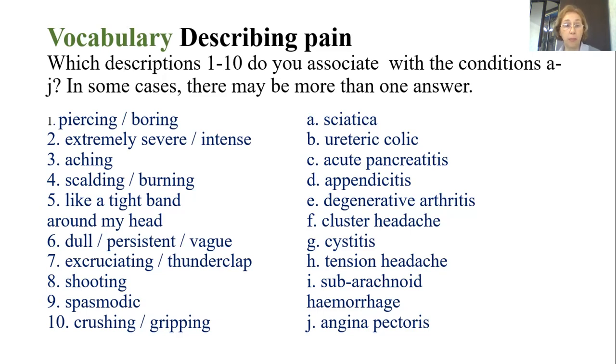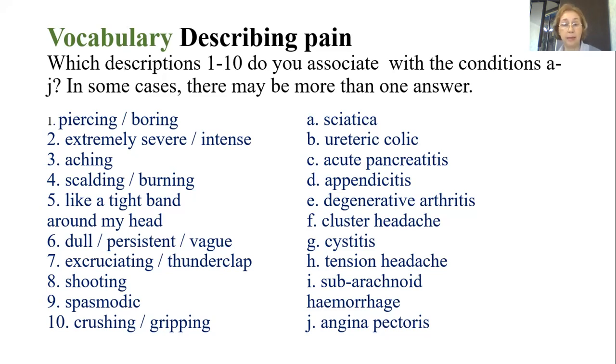So scalding, burning. Scalding. Yes. Give me examples. What do you think? Burning.